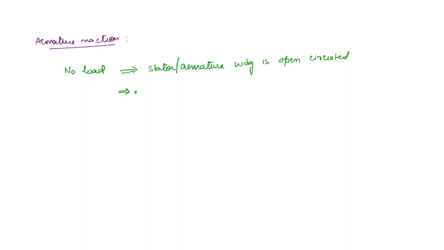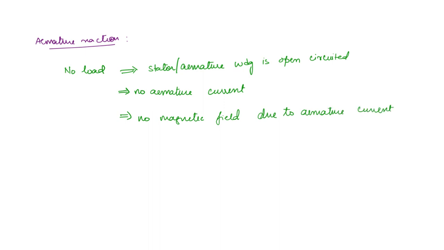This means that no armature current is flowing, and when no current flows, there will be no magnetic field due to armature current. So in this case, the terminal voltage that is available will be equal to the no load voltage.